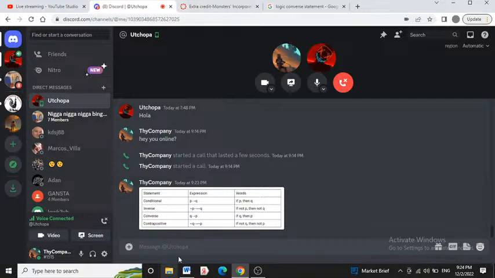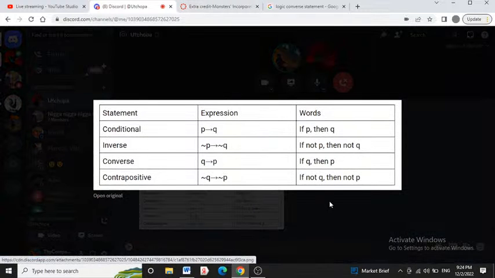So conditional is basically what the statement is. Expression P goes to Q. In words, it means if P then Q. So basically, if A happens, then B results. Like if I clap my hands, it's going to make a sound, right? That's basically the logic in it. Inverse is basically the negation of that statement.